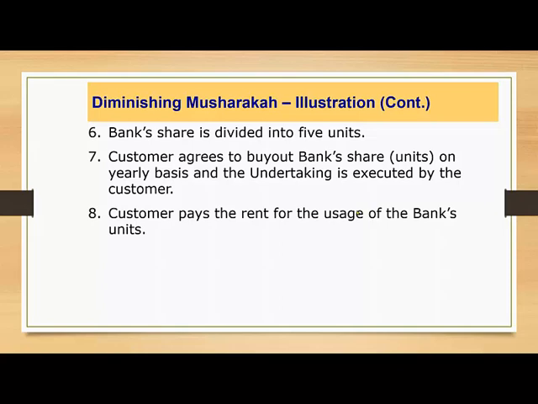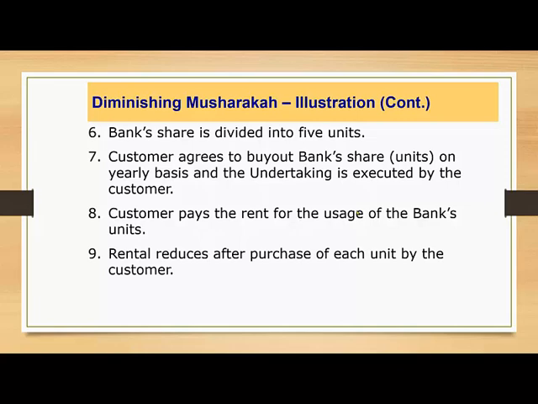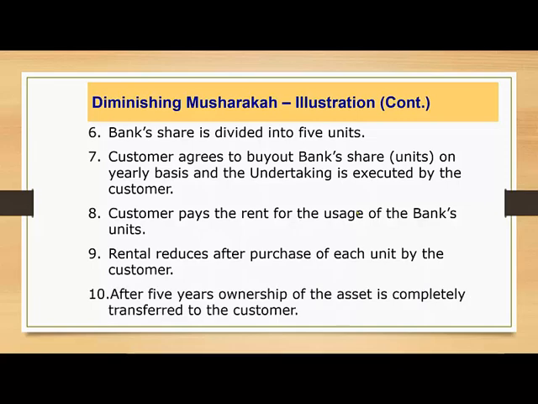The customer pays the rent for the usage of the bank's units as I have discussed earlier, and the rental reduces after purchase of each unit by the customer. After 5 years, the ownership of the asset will be transferred to the customer completely.